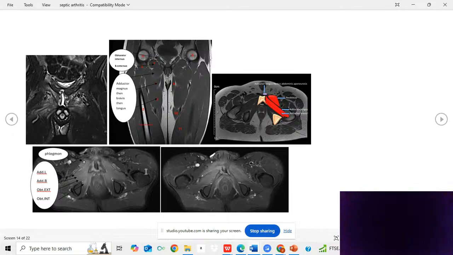This is the normal muscle, and this is the enhancing or inflamed muscles. This is the normal muscle enhancement. This is the hyper enhancing muscles. So how to comment?